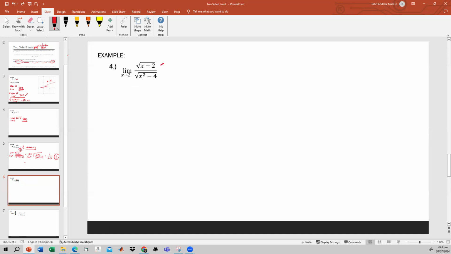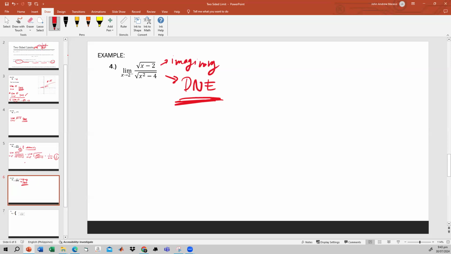So it becomes imaginary, right? As you observe. So in that case, since this becomes imaginary, automatically we can now say that the limit does not exist.